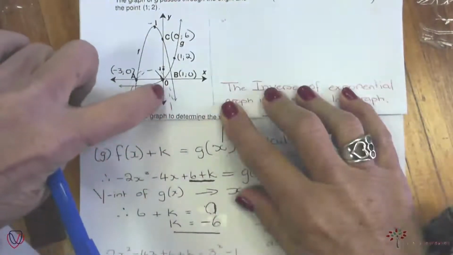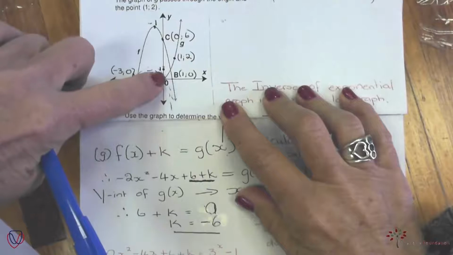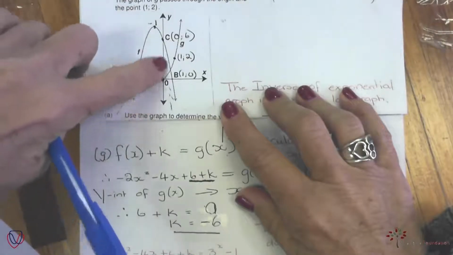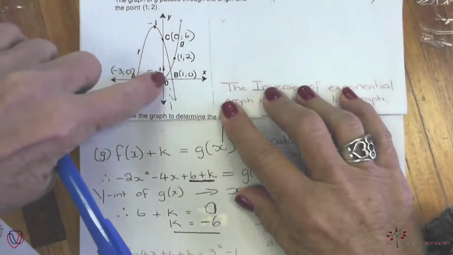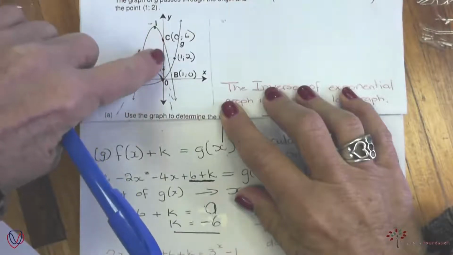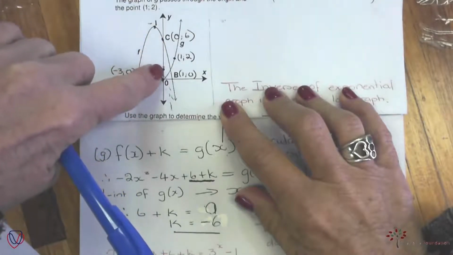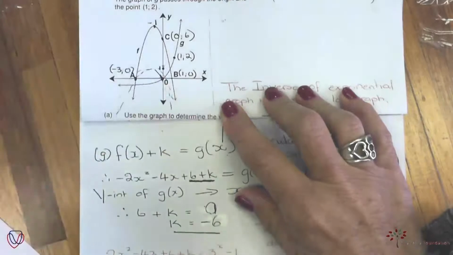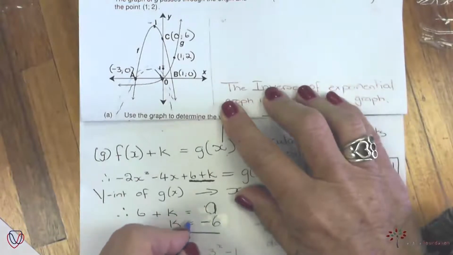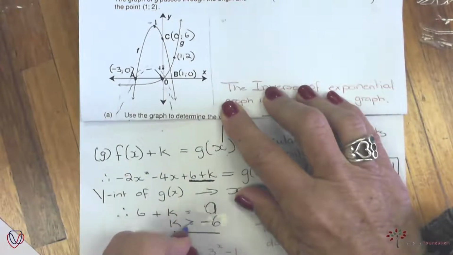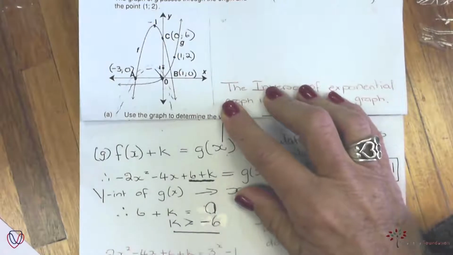If I make k negative 5.5, what did I do to the k? I said negative 6. Now I say negative 5.5. The k became bigger. Negative 5.5 is bigger than negative 6. So we will have to say k must be larger than negative 6.